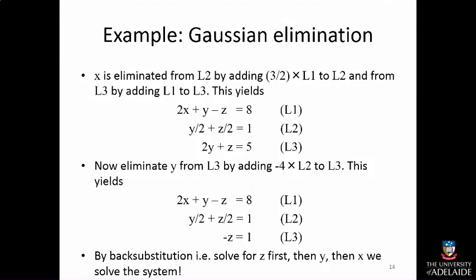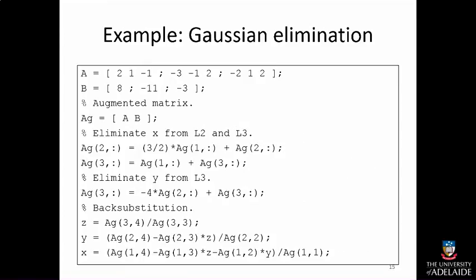Now, for x, we would like to get rid of x from every equation below L1. Since we want to get rid of x from the second equation, we would make use of the first equation. We have 2x and we want to transform it into 3x so that it can get cancelled out.